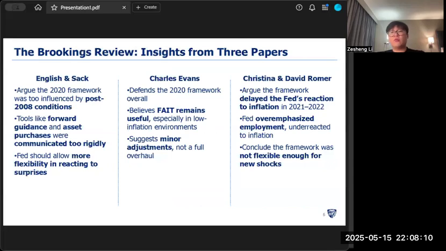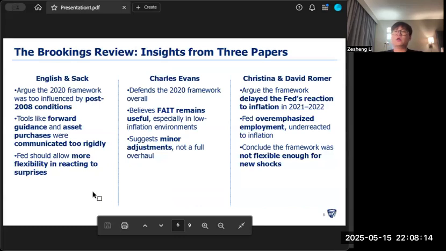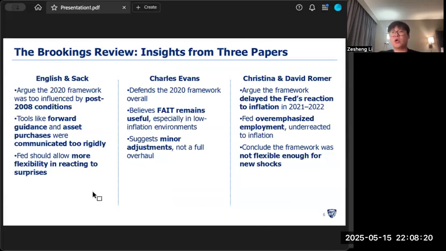The heart of the Brookings article is a set of three expert papers, each asking the question: did the 2020 framework help or hurt the Fed's ability to manage the economy? The first paper by English and Sack points out that the framework was shaped too much by the post-2008 environment, a time of low inflation and slow recovery.